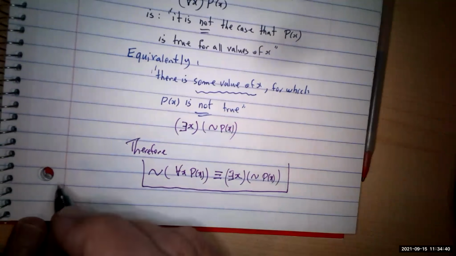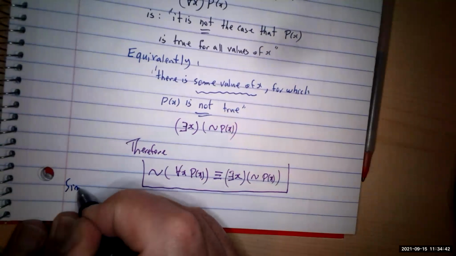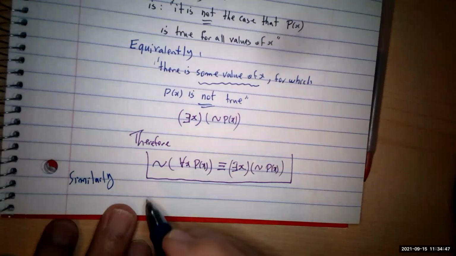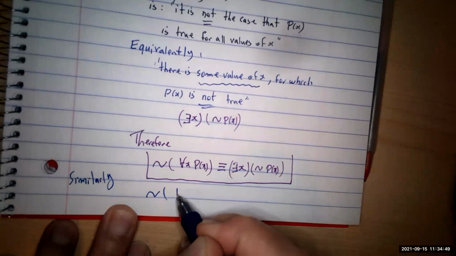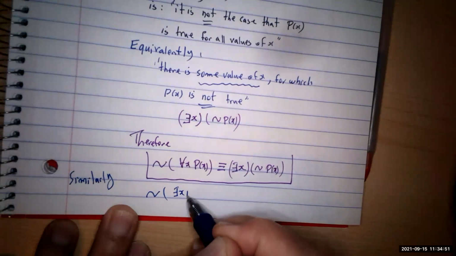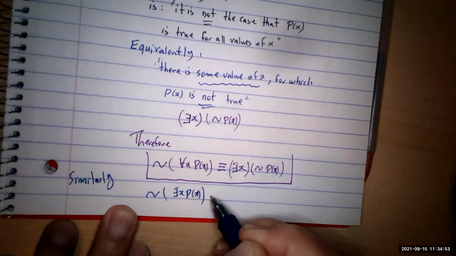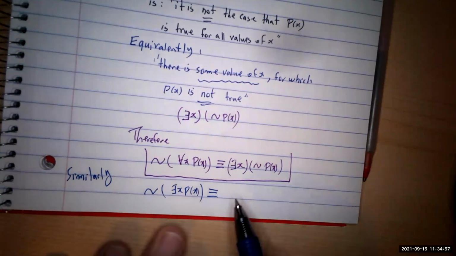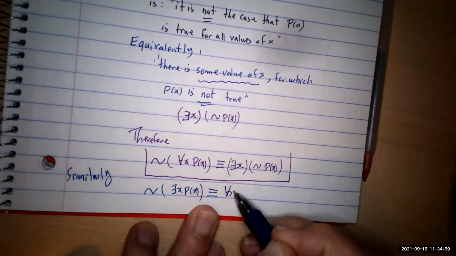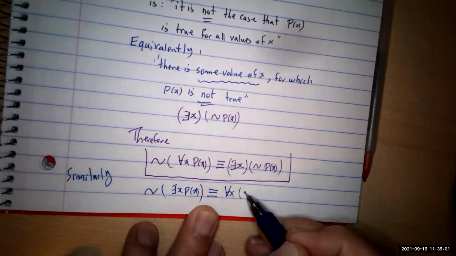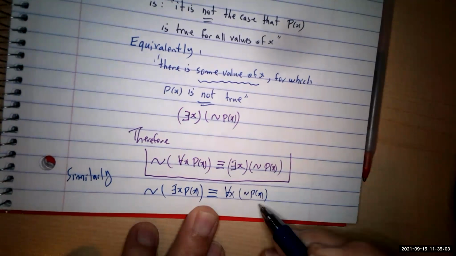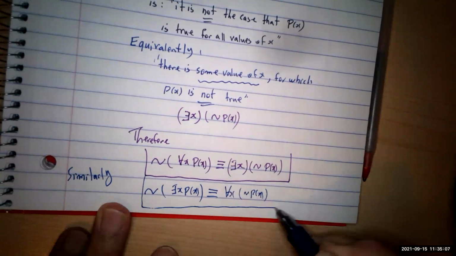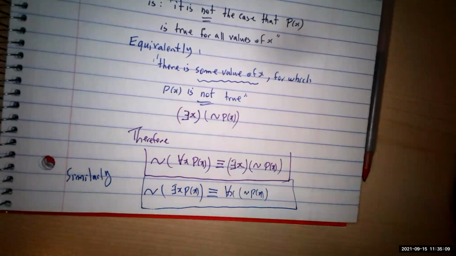Similarly, the same idea can be used to prove that the negation of there exists x, P of x is equivalent to, we change there exists into for all, and we just use the negation of P of x. That gives you the negation of there exists.